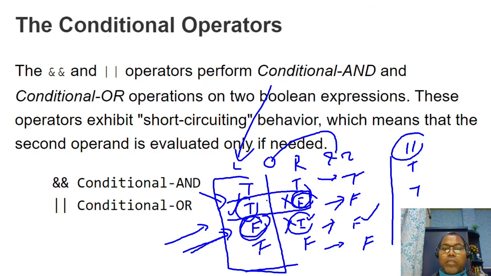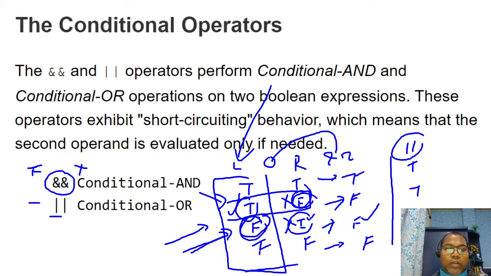So please note why it is short circuit. The reason is that in the AND operator, if both are true, then the result is true. But if the first is evaluated as false, they are not going to evaluate your right side. The OR operator says if any is true, I return true.